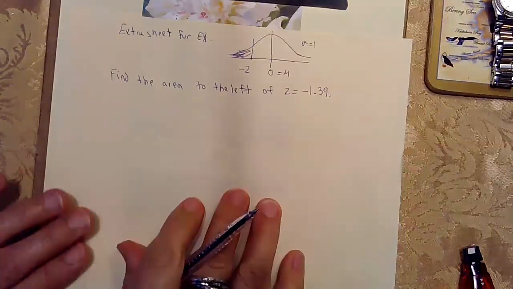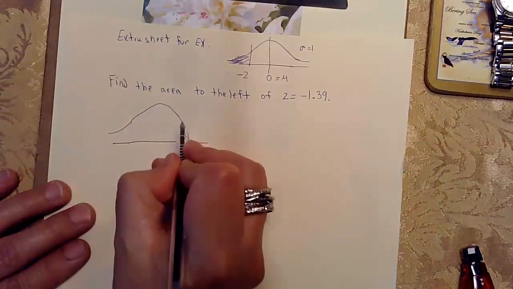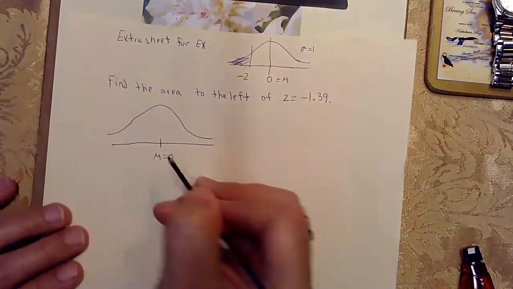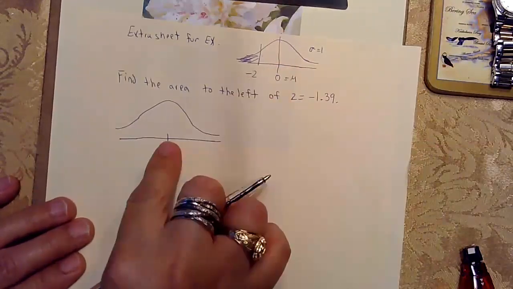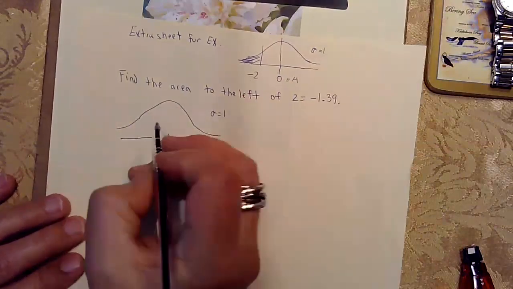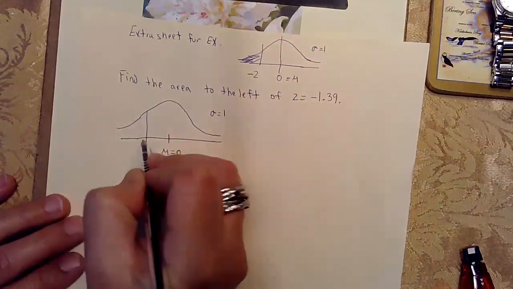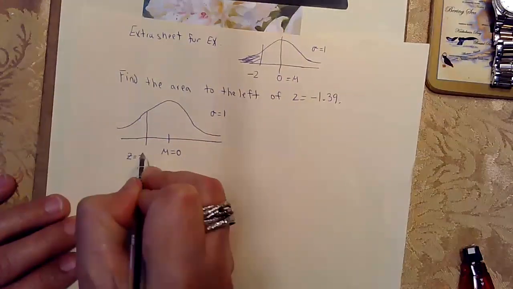So you would draw that, sketch that out, put mu in the center. And you don't have to draw this. They always draw that, but you don't have to draw that. Just mu is 0, sigma is 1. And then you could draw this though here. And your z is negative 1.39.